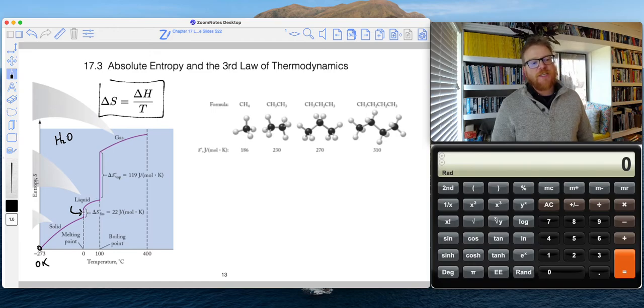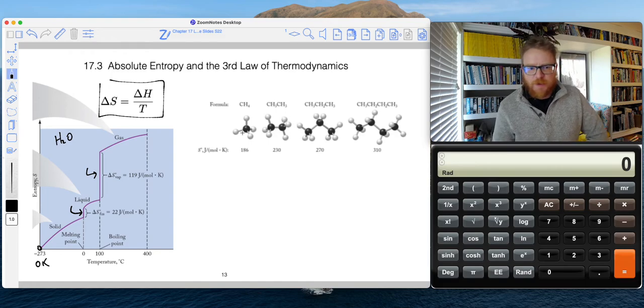You can also see there's not a whole lot of difference between a solid and a liquid, but now when we look at the difference between a liquid and a gas, there's an enormous delta S of vaporization. That's because liquids and gases are very different in terms of how many microstates they can occupy and how much entropy they have, okay?